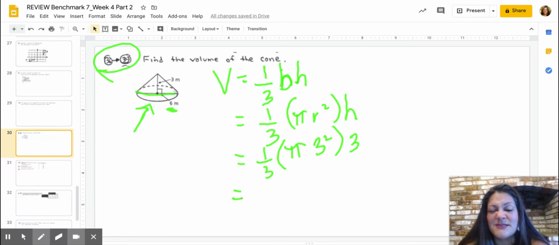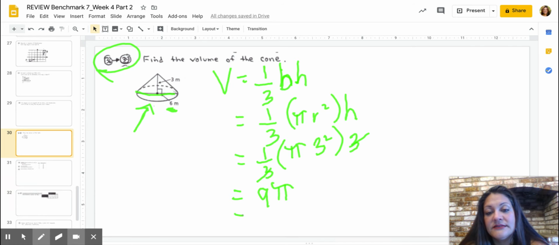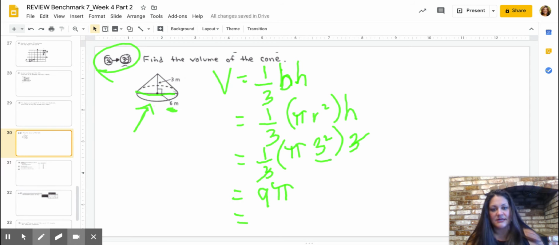We can simplify here. 1/3 of 3, or 3 divided by 3, is going to be 1. So we got rid of that, which leaves us with 9 times pi, because 3 squared is 9. So 9 times pi. Let's go ahead and use the calculator.